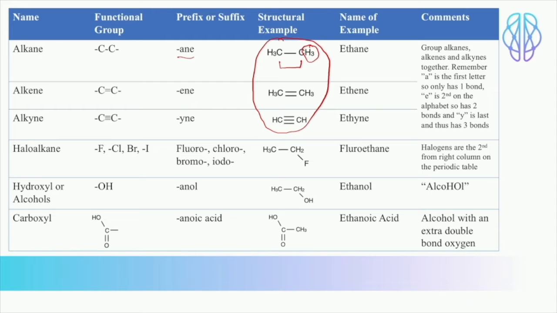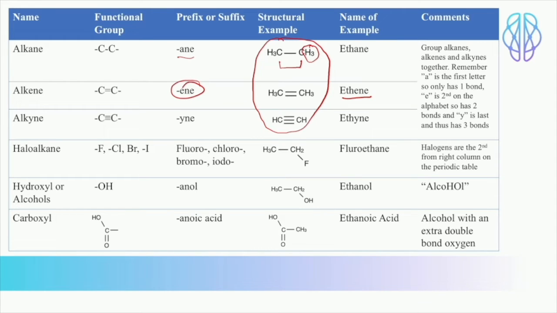Same for the alkene. So we have a double bond here, so it must be an alkene. One carbon meth, two carbon eth. So thus, this molecule, with a double bond and two carbons is ethene, because we use the suffix ene.